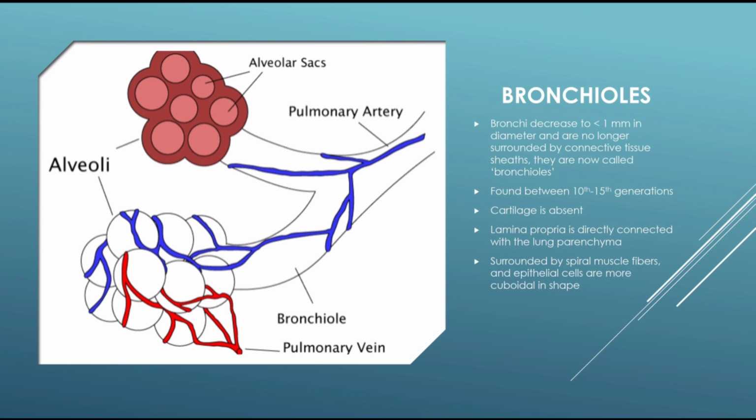This is found between the 10th and 15th generations, and cartilage is completely absent, and the lamina propria is directly connected with the lung parenchyma, and it is surrounded by spiral muscle fibers, and the epithelial cells are more cuboidal in shape.